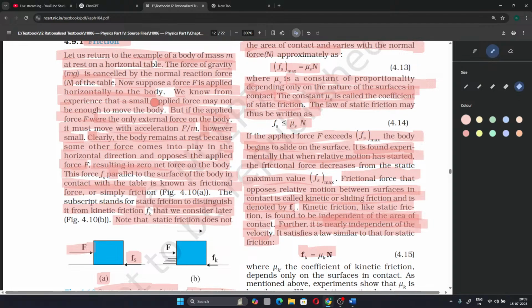A point to be remembered in both kinds of friction is that the frictional force is independent of the area of the contact surfaces. Very important: it is independent of the areas in contact.